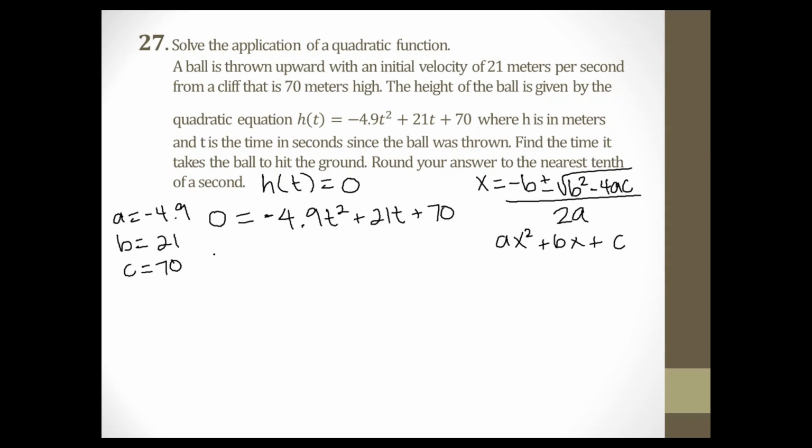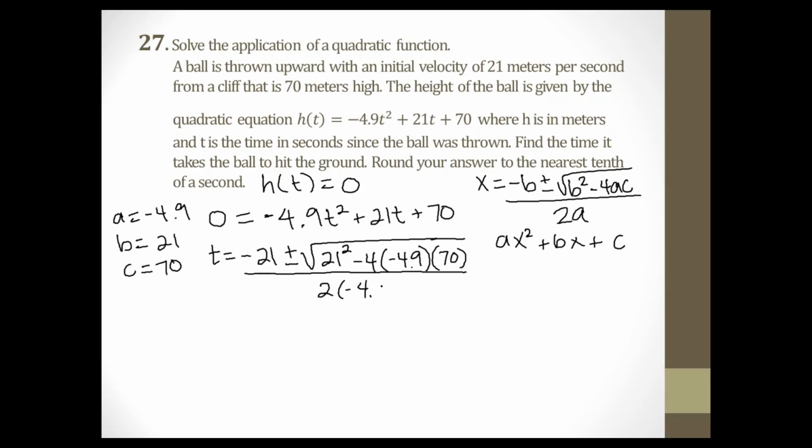So let's use the quadratic formula. I'm going to say t equals, since we're talking about time, negative b, so that's negative 21, plus or minus the square root of 21 squared minus 4 times negative 4.9 times 70. All of that divided by 2 times negative 4.9.